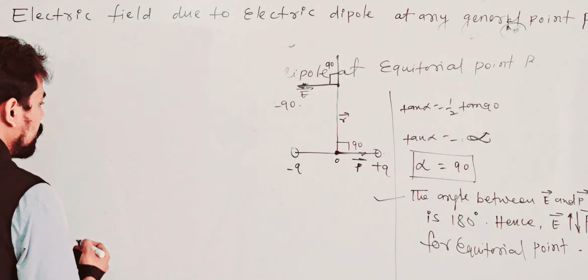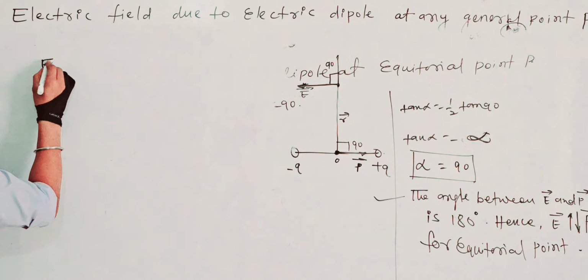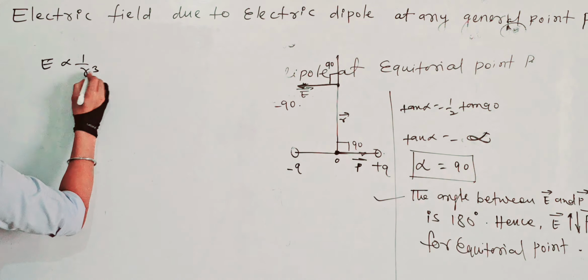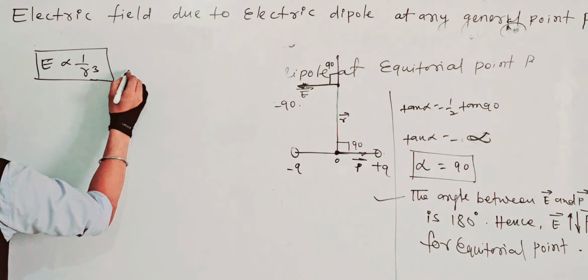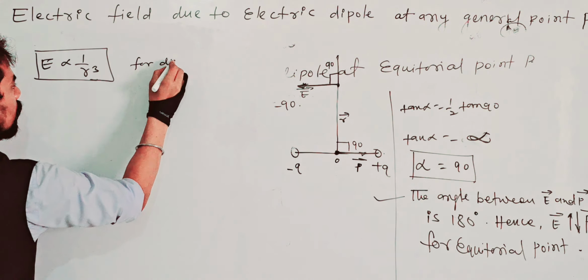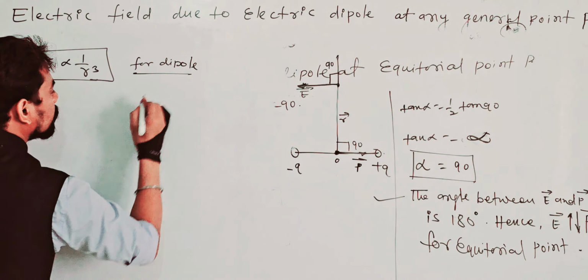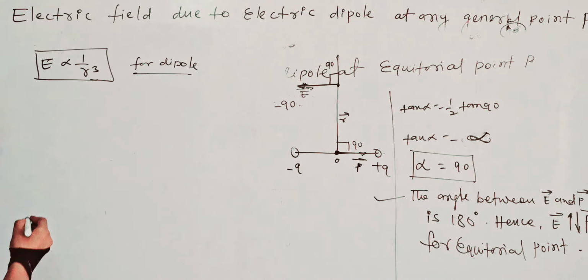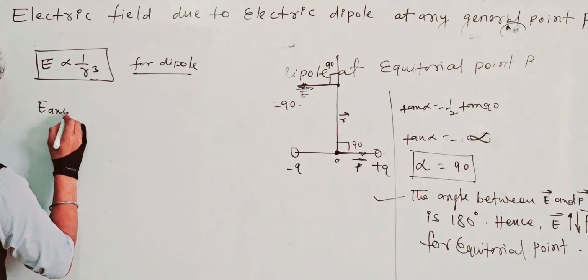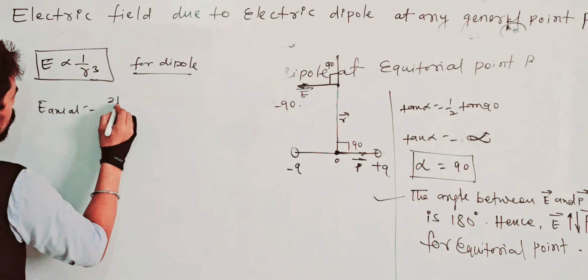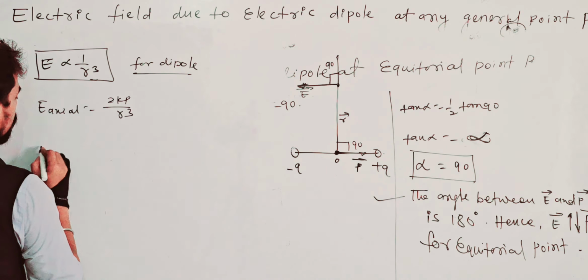So here we can see the electric field is inversely proportional to r cube due to a dipole. One more thing, axial point. We know E axial equals 2kp by r cube.